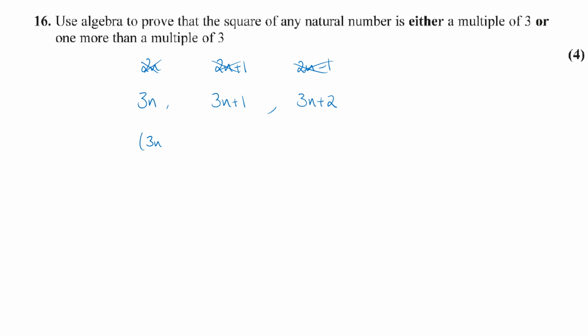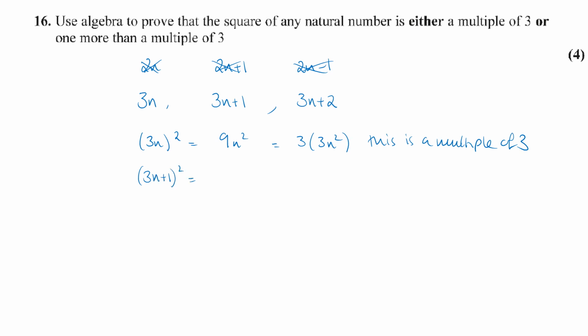So we need to be squaring these. 3n all squared is just going to be 9n squared, which is 3 times 3n squared. So this is a multiple of 3. We've taken the 3 out on the front, and then let's try the next one. 3n plus 1 all squared.